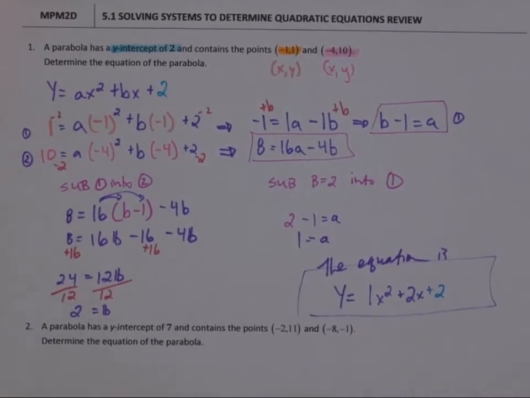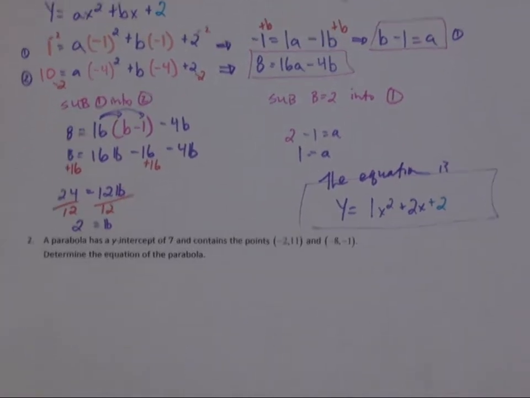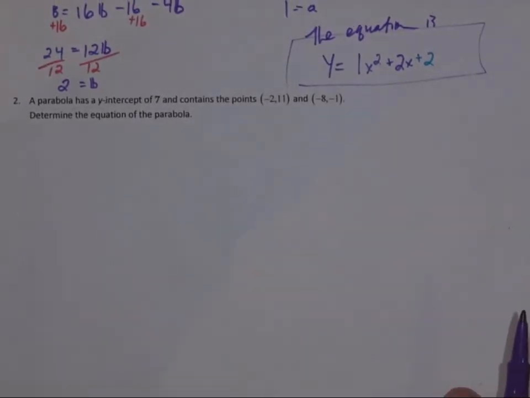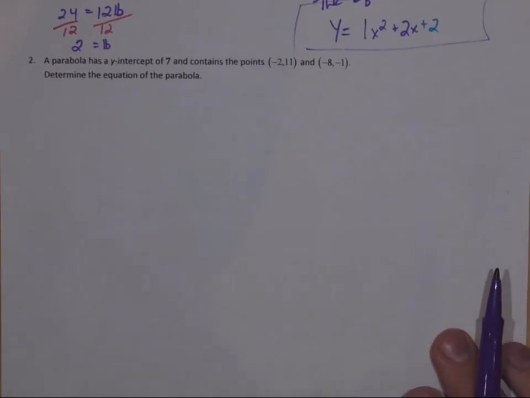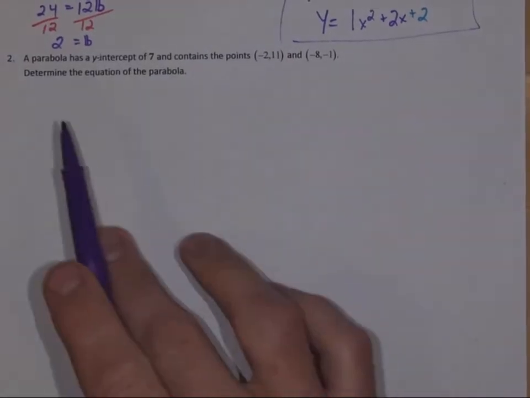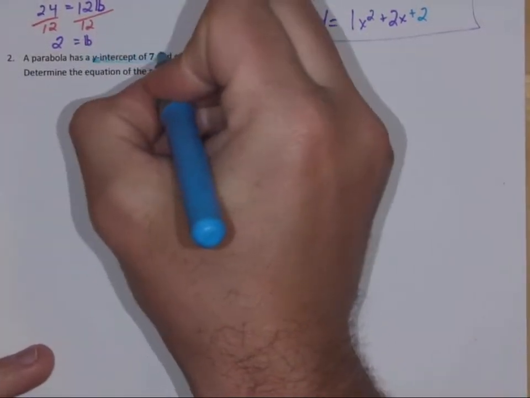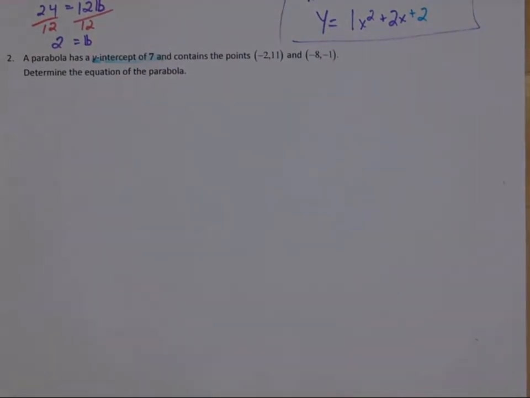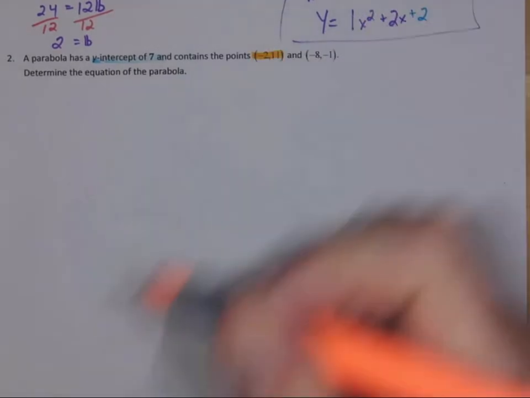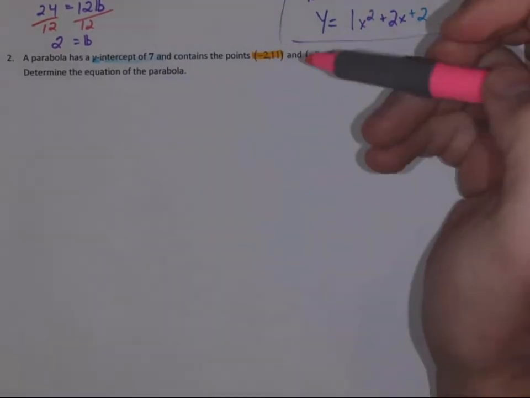Okay, let's try another example. Parabola has a y-intercept of 7. So once again, I know I'm working with standard form. Contains the points negative 2, 11, and negative 8, and negative 1.